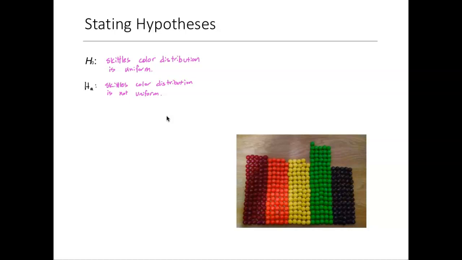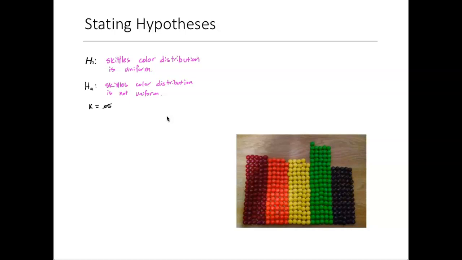And we're going to do this at alpha equals 0.05. The logic of the significance test stays the exact same as the significance tests we were running before, which is, okay, we assume that the null hypothesis is true. We go out into the real world, we take a sample, and we look at how far our sample differs from the null hypothesis.